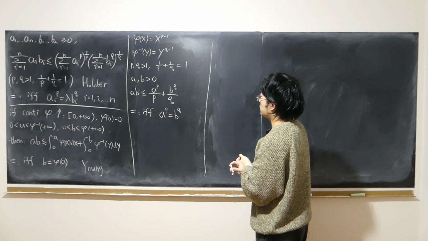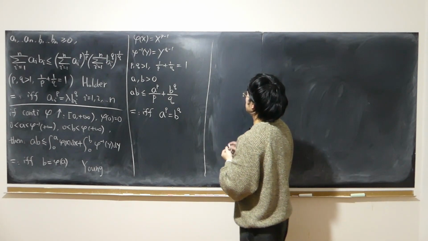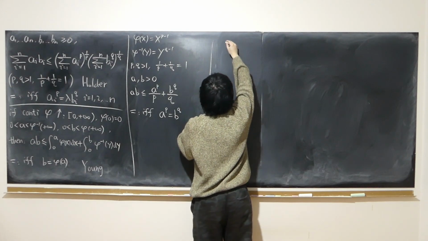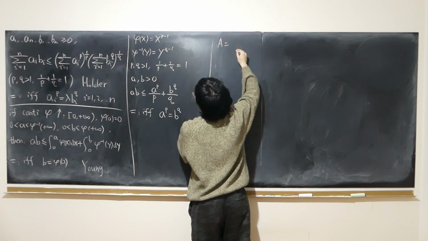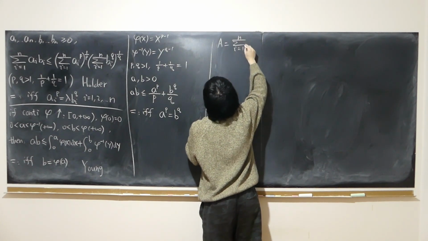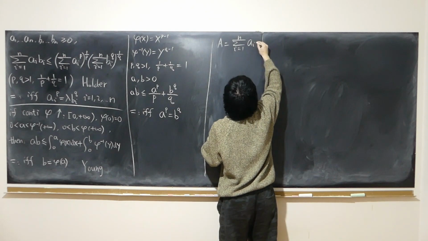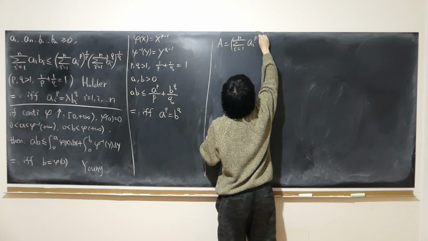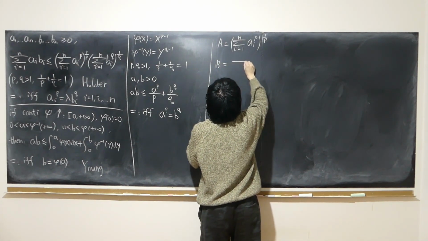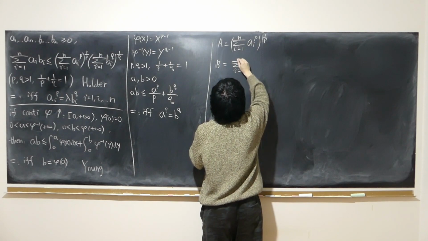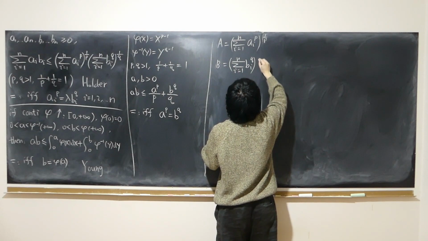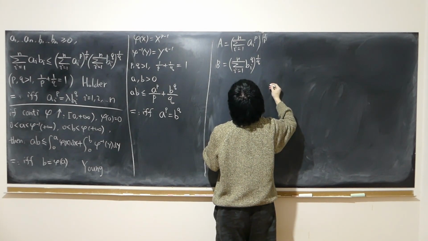So in fact, because this is too long, let me just denote A is equal to the sum from i from 1 to n, a_i to the power of p, to the power of 1 over p, this is A. B is equal to the sum from 1 to n, b_i to the power of q, to the power of 1 over q. Right, this is B.